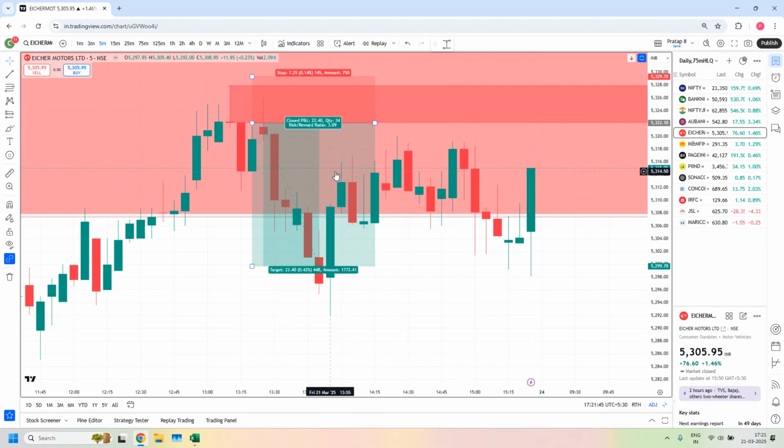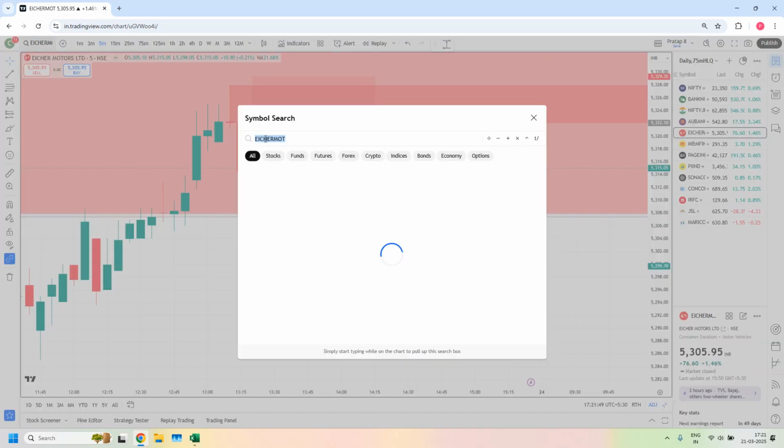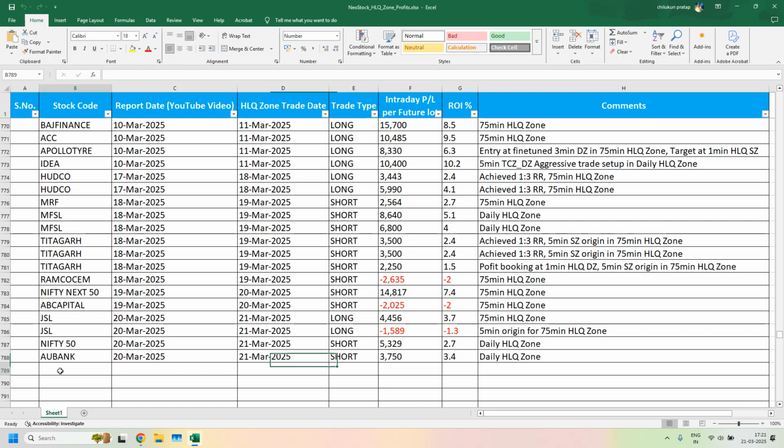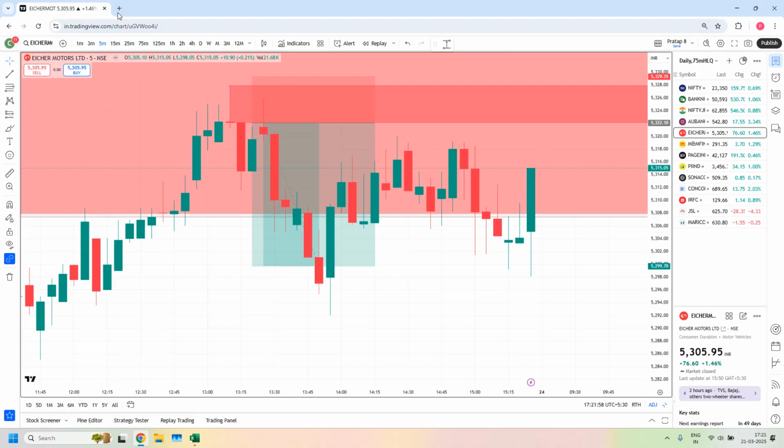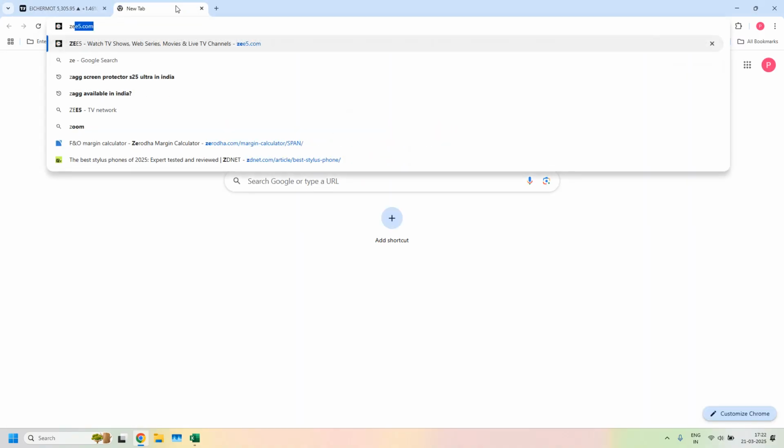Actually, we have to calculate these statistics from a performance point of view. How do I calculate? Let me show you. In case anybody wants to see the calculations part, this could be a good example. I open Zerodha's margin calculator.